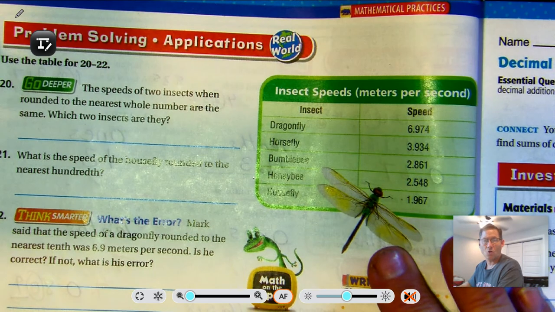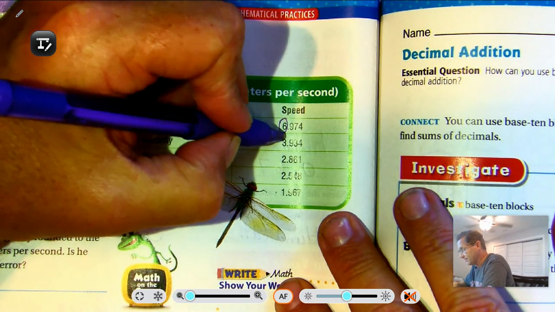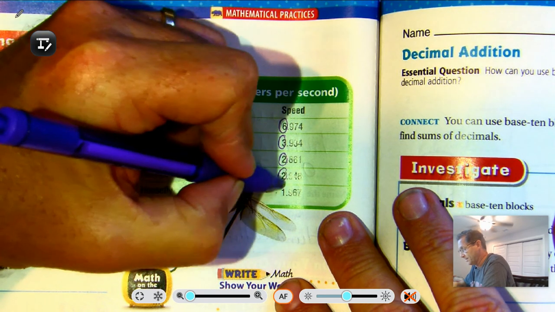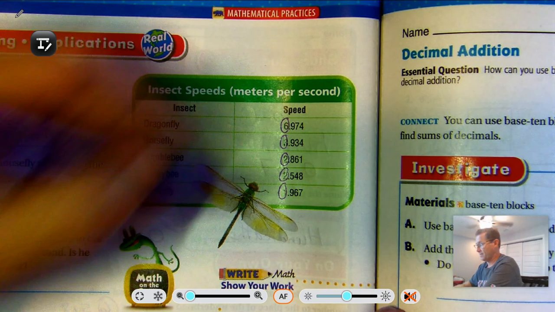Rounded to the nearest whole number. So basically, we want to round all of those to the nearest whole number.